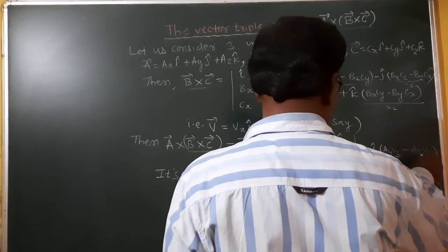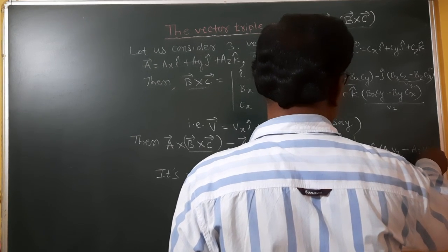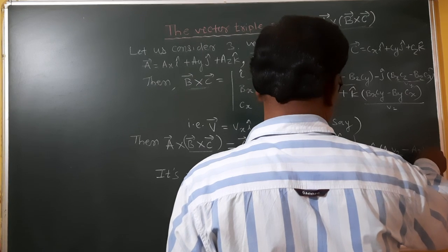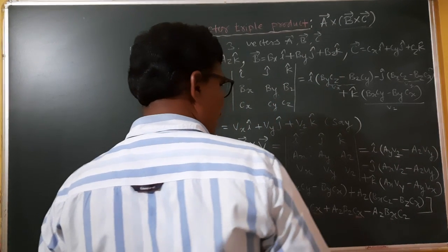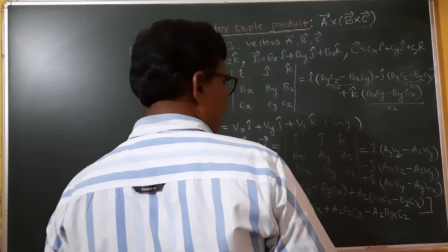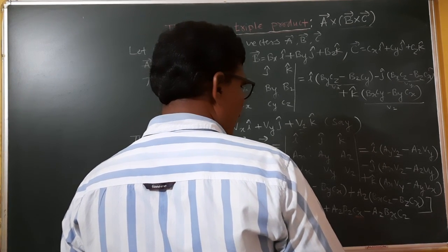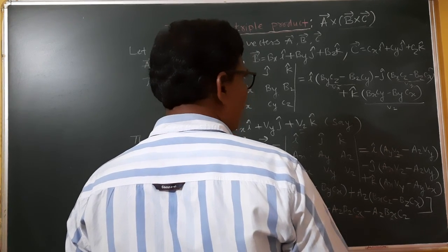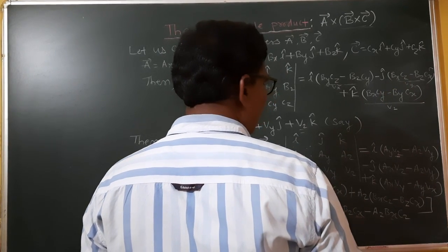This sign is Az, the J component. That is minus, it gets plus, plus, so J component.